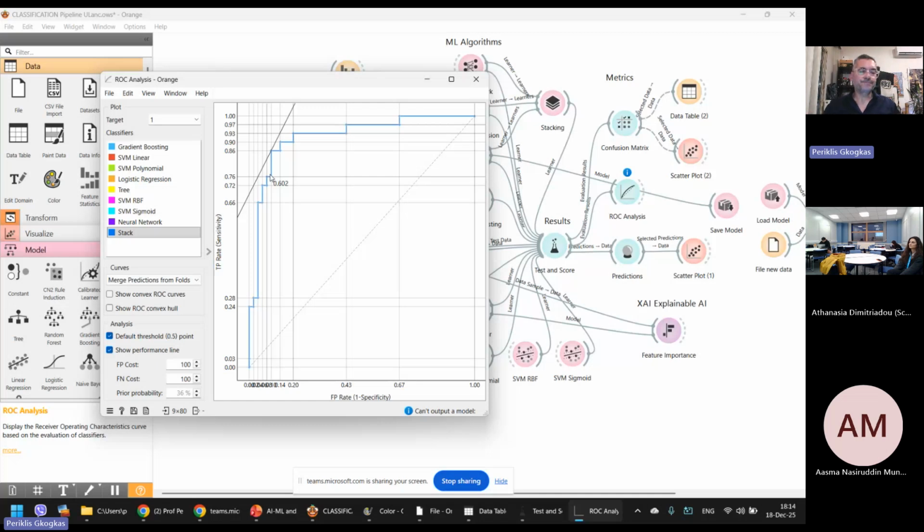So this is my model if I use the default threshold of 0.5, which means that this model now has a 0.76 true positive rate. So the sensitivity is 76%. Out of all bad customers, I'm able to identify 76% of them.